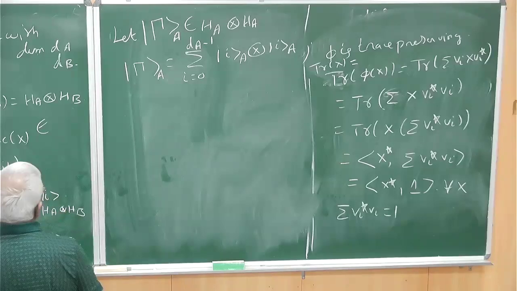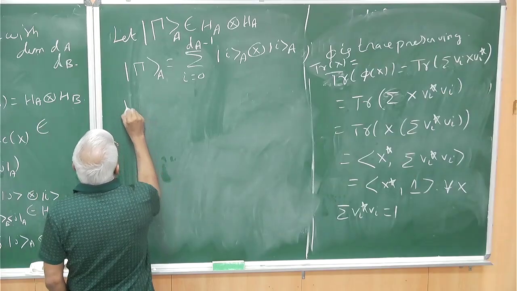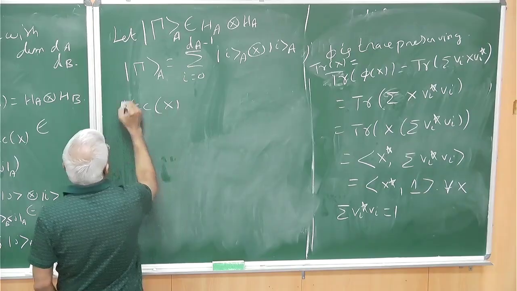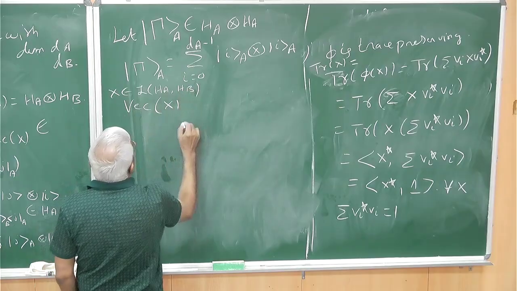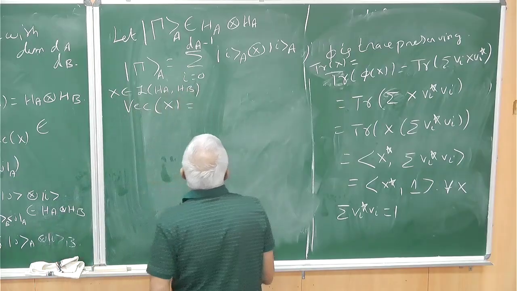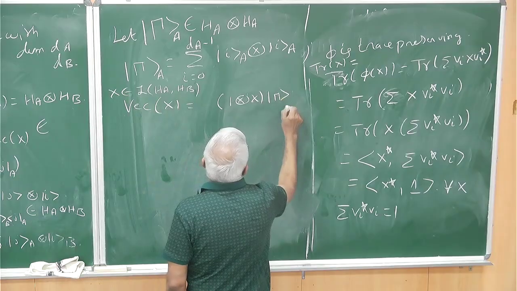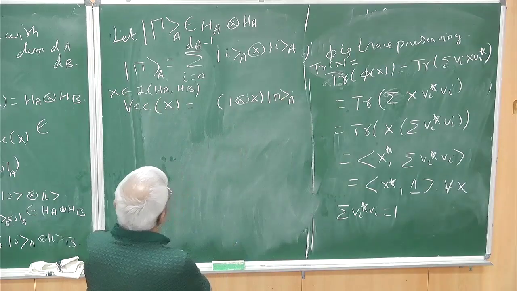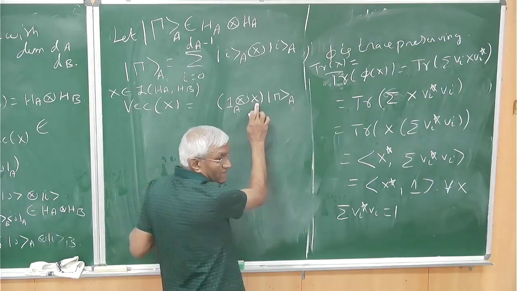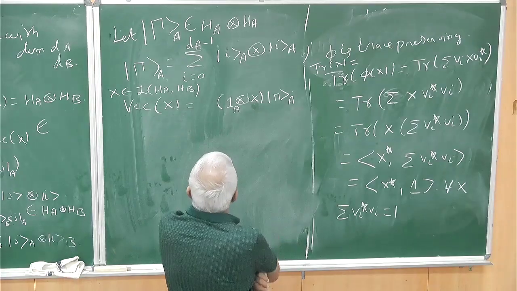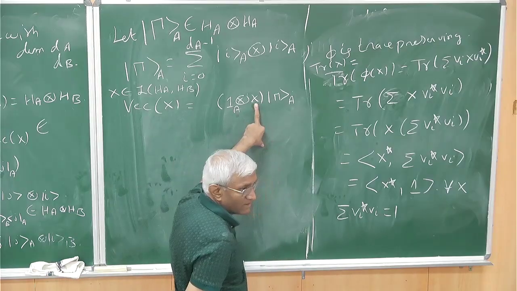Now we can use this to write that vec. Vec of any x, if you have an x in L of HA to HB, then vec x is equal to 1 tensor x applied to gamma A. Gamma A is in HA tensor HA, so this should be 1A.